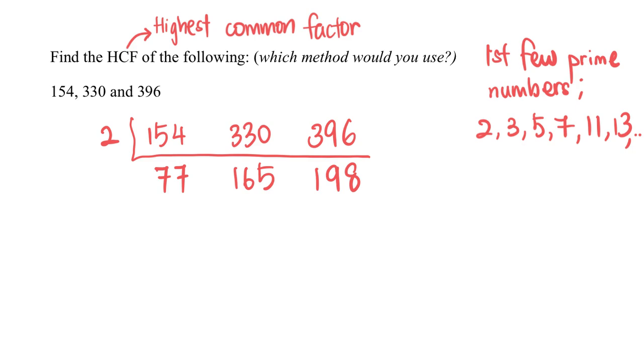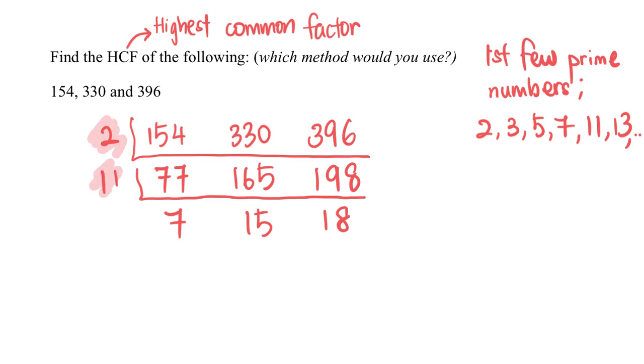And you see which one it can be divided by. 3 cannot, 5 cannot, 7, not all of them can divide. 11. And after which, there's no more prime number that it can be divided by.